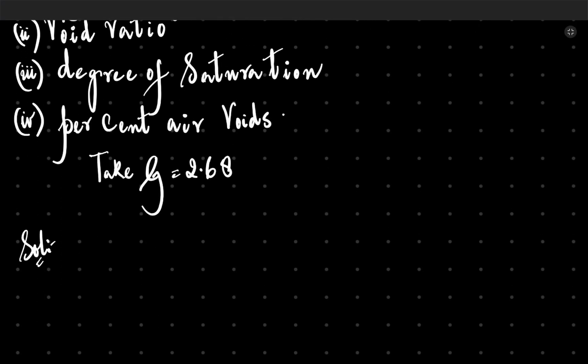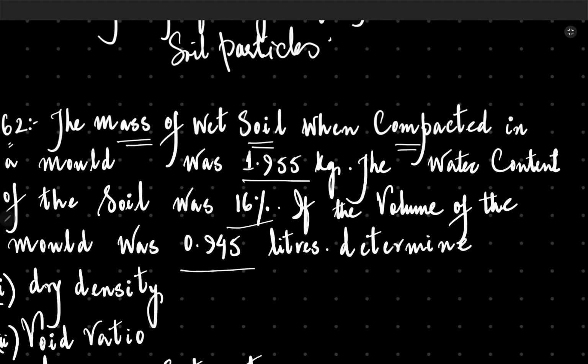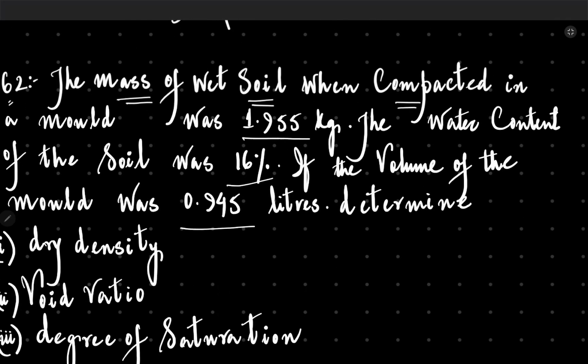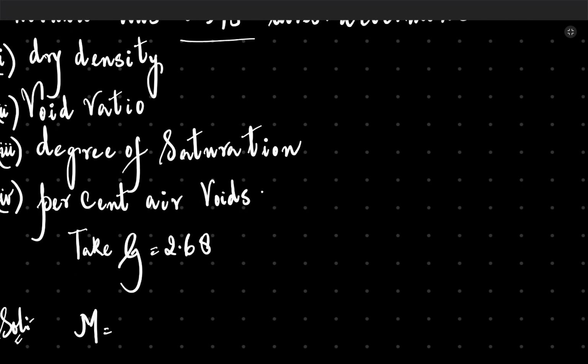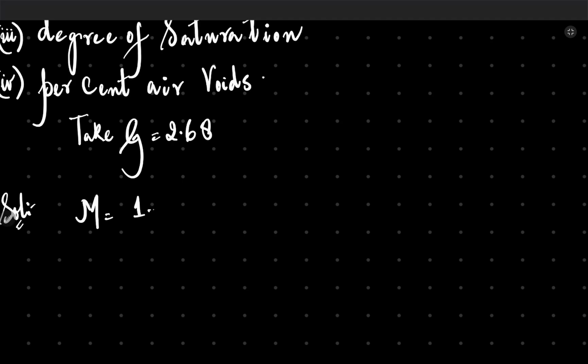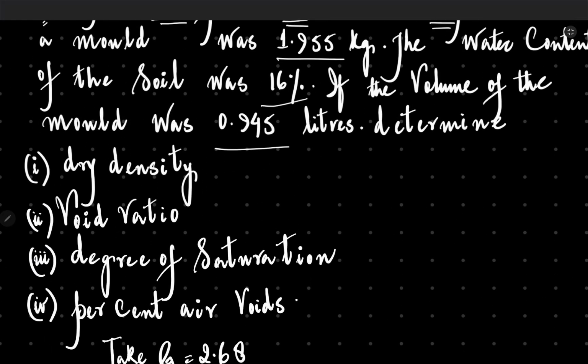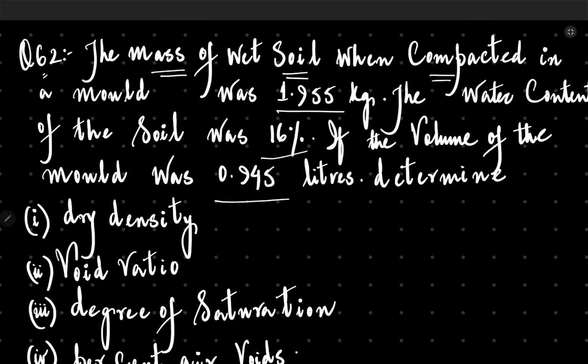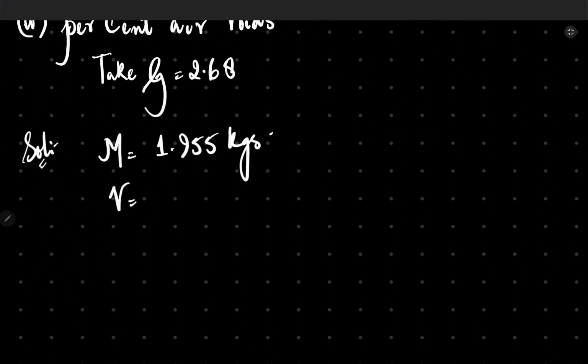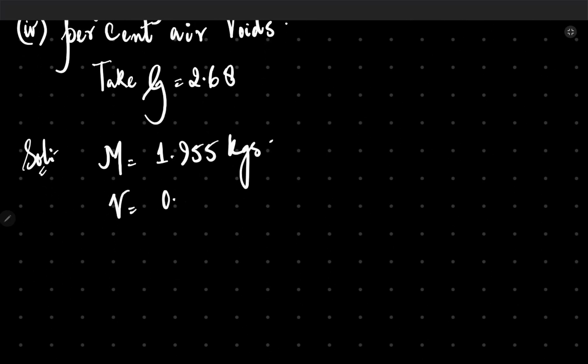We have been given mass in the wet or the bulk condition, that is 1.955 kgs. Volume of the mold is 0.945 liters.